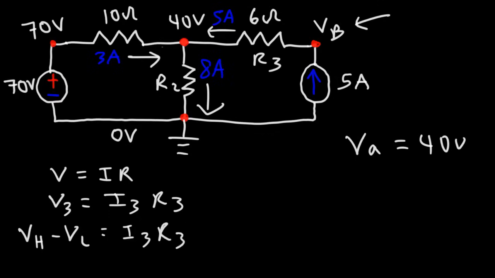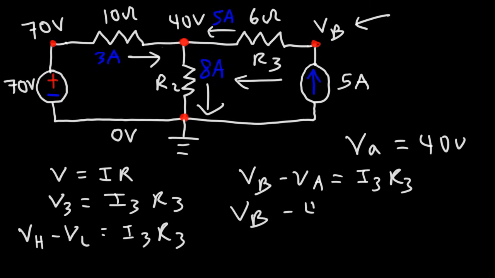Now, looking at I3, I3 flows from point B to point A. So therefore, point B has to be at a higher electric potential than point A. So we could say that VB minus VA is equal to I3 times R3. Now we know that VA is 40. I3 is 5.